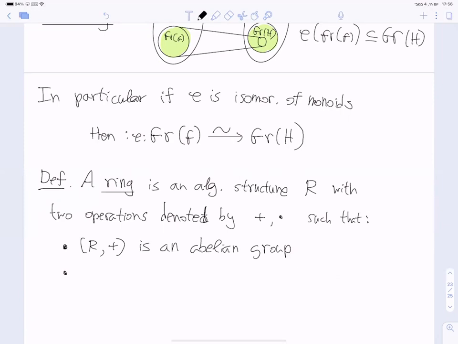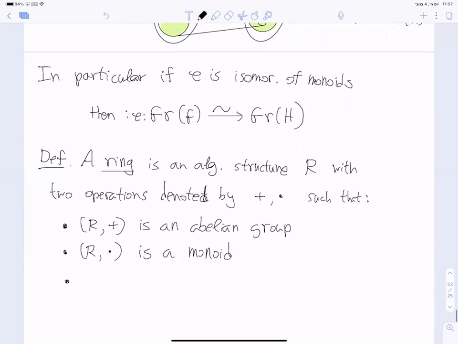If you take R with what we denote by dot, then it is a monoid. And the third thing is that you must satisfy the distribution law.